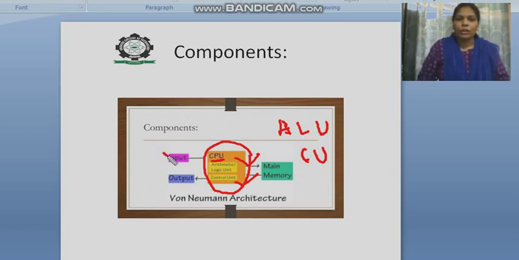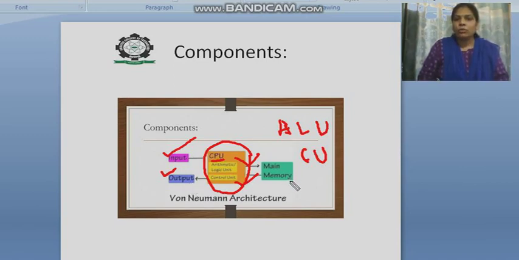For taking input from the outside world, because we need to process the data provided by us, the external user, the device from which we can provide the data to the CPU is the input device, and this is the output unit, to get the processed data for the external users.